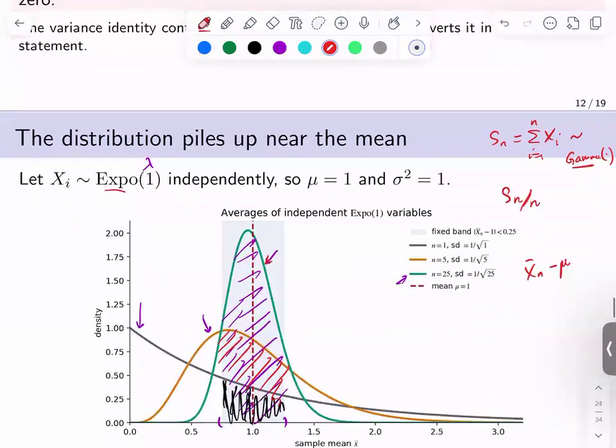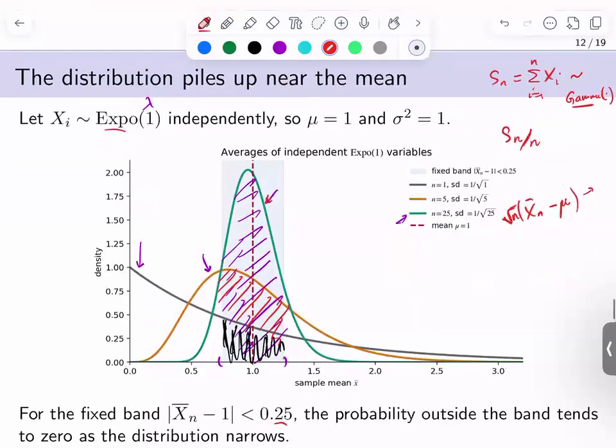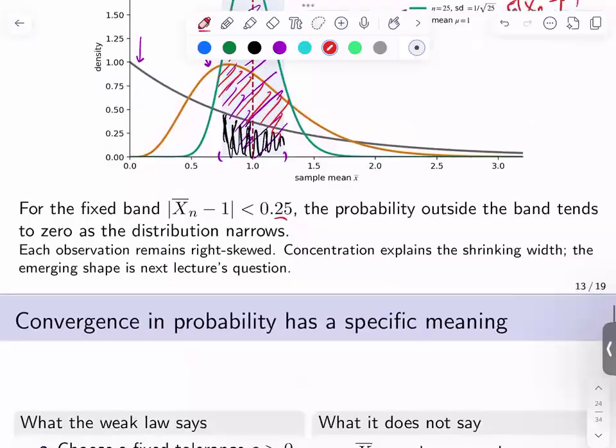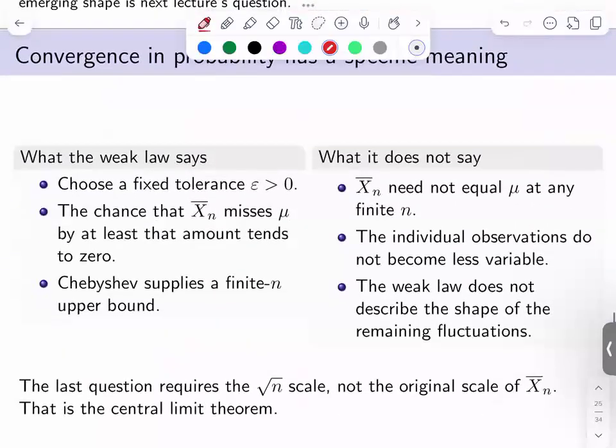But it turns out that there's a right way of normalizing it. If I normalize it by something, then that would stabilize, and the distribution of this thing is going to converge to a Gaussian. That's the shape that starts to appear. We'll see that later. This is the second limit theorem, the CLT, which is a more subtle issue.